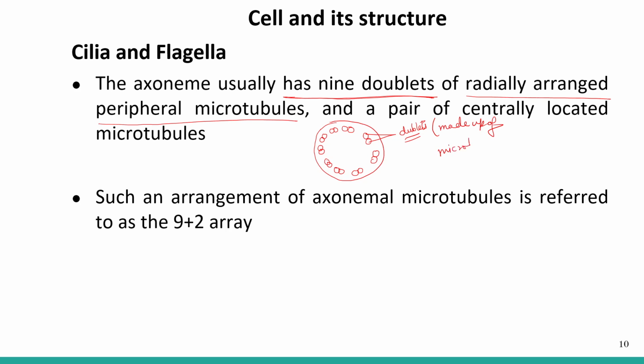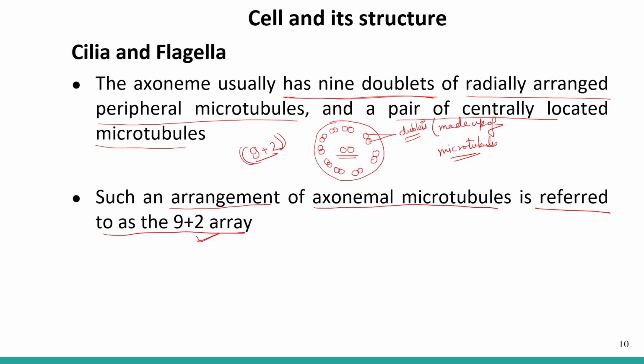And a pair of centrally located microtubules, so we have those in the center. So this is the 9 plus 2 arrangement. Such an arrangement of the axonemal microtubules is referred to as the 9 plus 2 array.